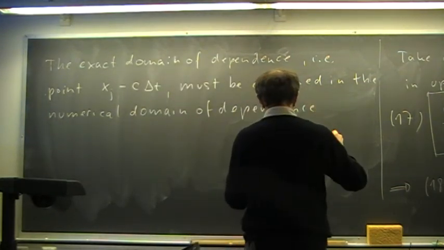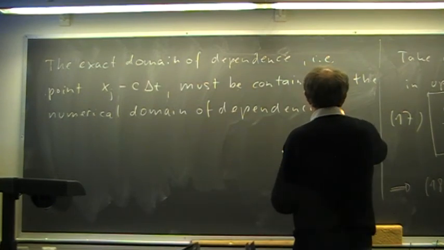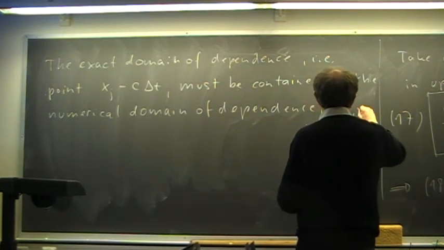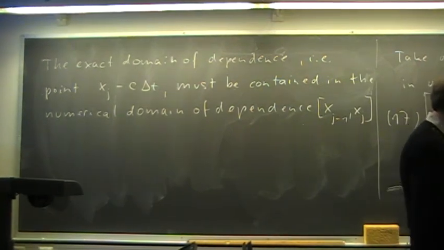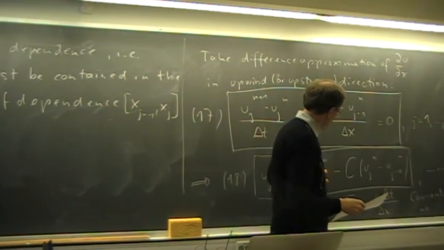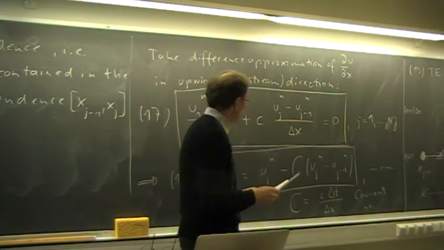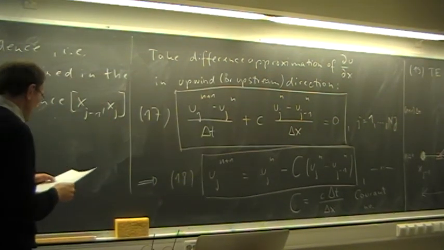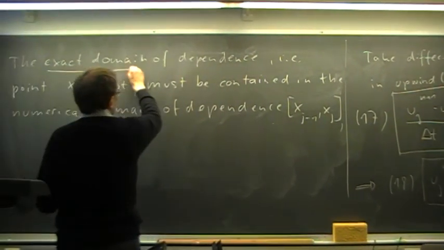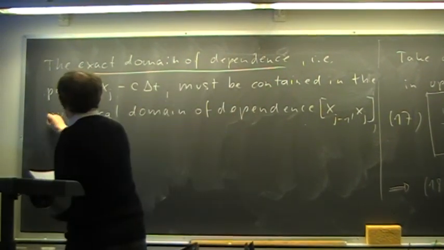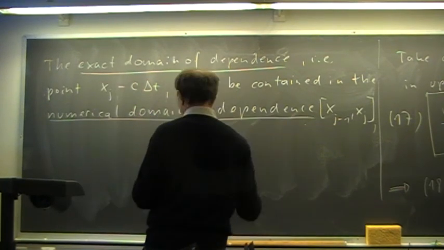And that is the interval xj minus 1 to xj. Because there we use the solutions that we have there, ujn and uj minus 1 n, to determine the numerical solution. So, exact domain of dependence, numerical domain of dependence.